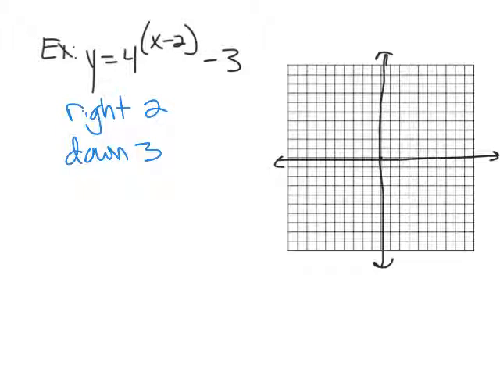My standard function, centered at the origin, would cross the y-axis at 1, and if I move to the right 1, I go up the amount of the base. So the point 1, 4 is also on the original parent graph. I'm just going to sketch it in.